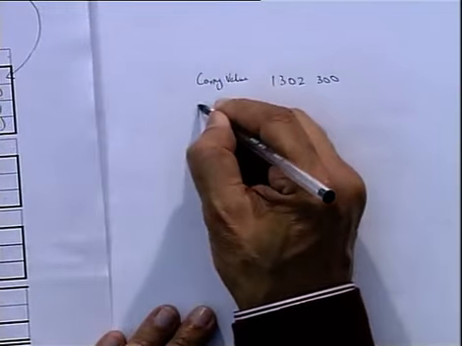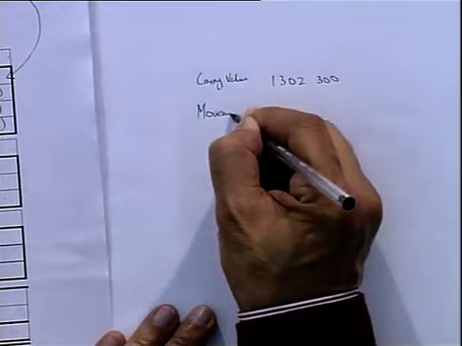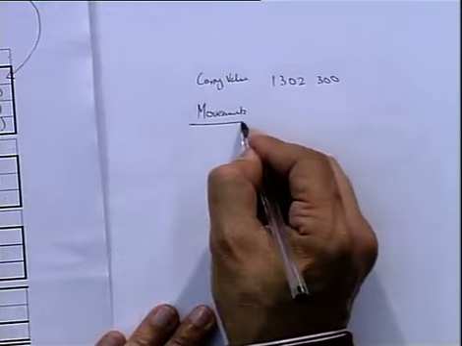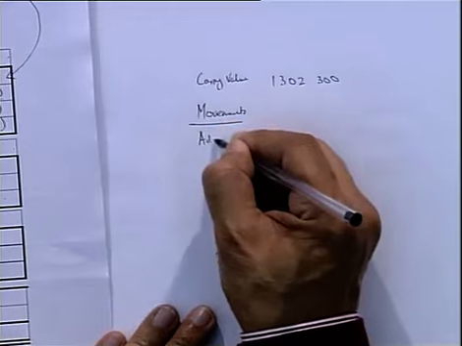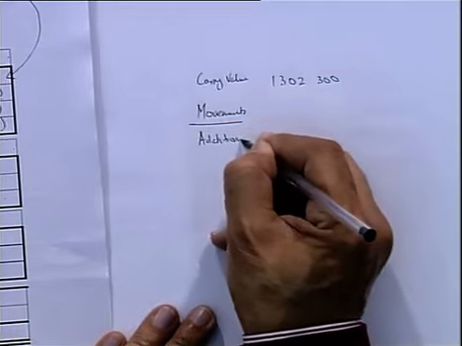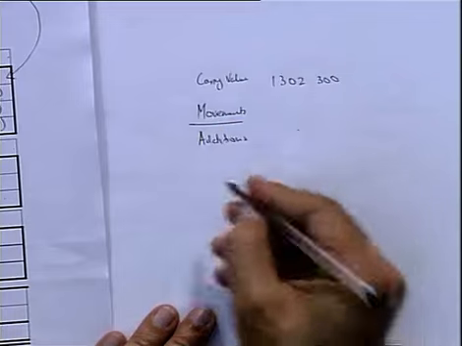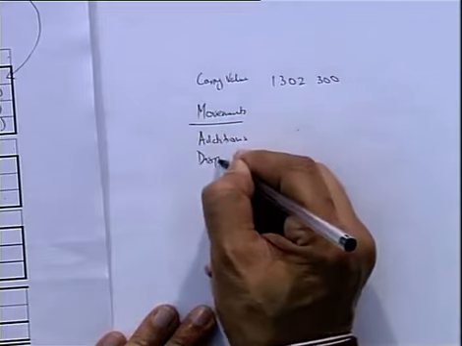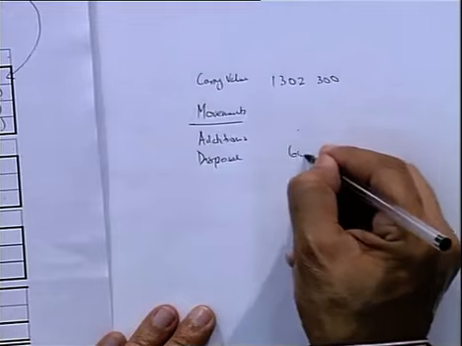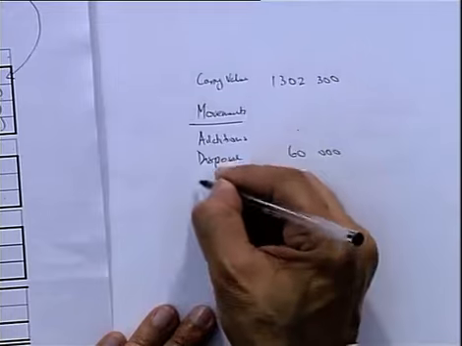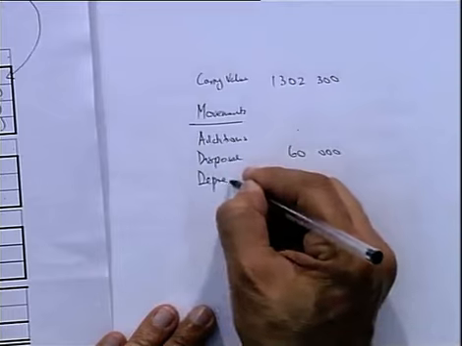Then there was movements. So the movements is what we want to calculate. There was an addition, which we have to calculate. There was a disposal of 60,000, which we have, and there was depreciation.